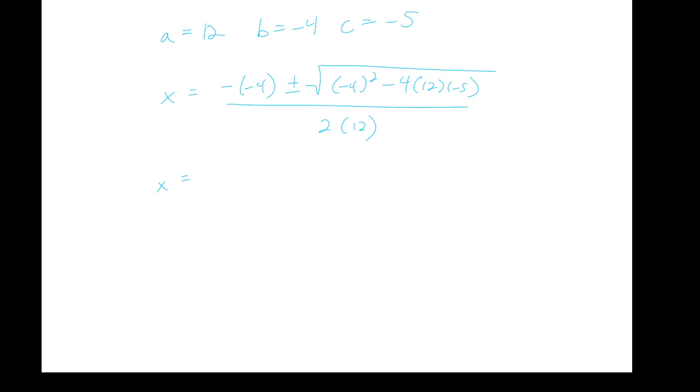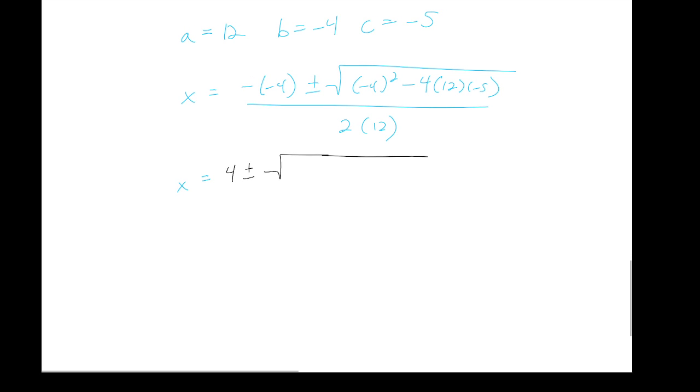X is equal to minus 4 is a positive 4 plus or minus the square root of negative 4 squared. Negative 4 times negative 4 is 16. Minus 4 times 12 is negative 48. Actually, I'm going to go back and do this. I'm going to go 4 times 5 times 12, right?